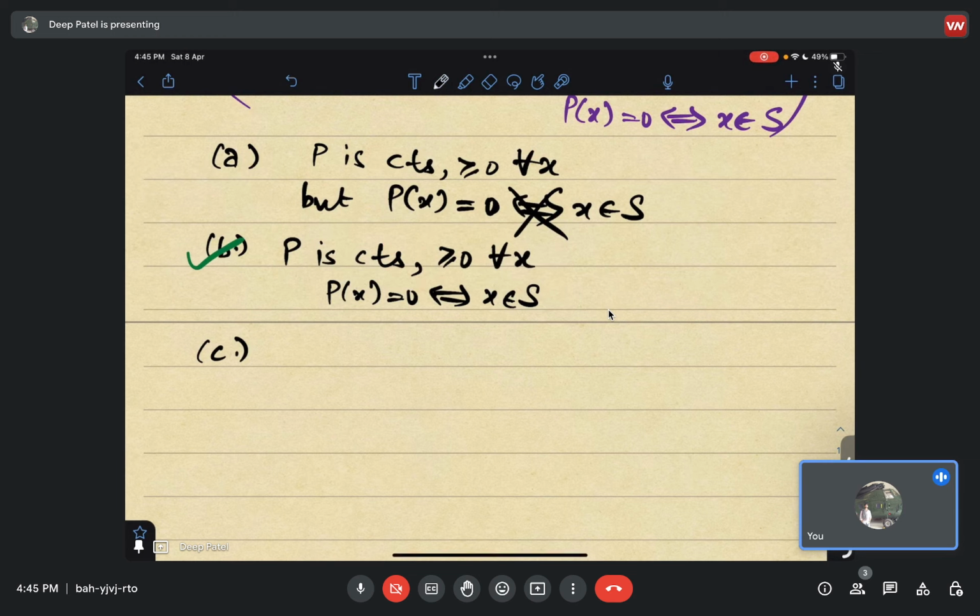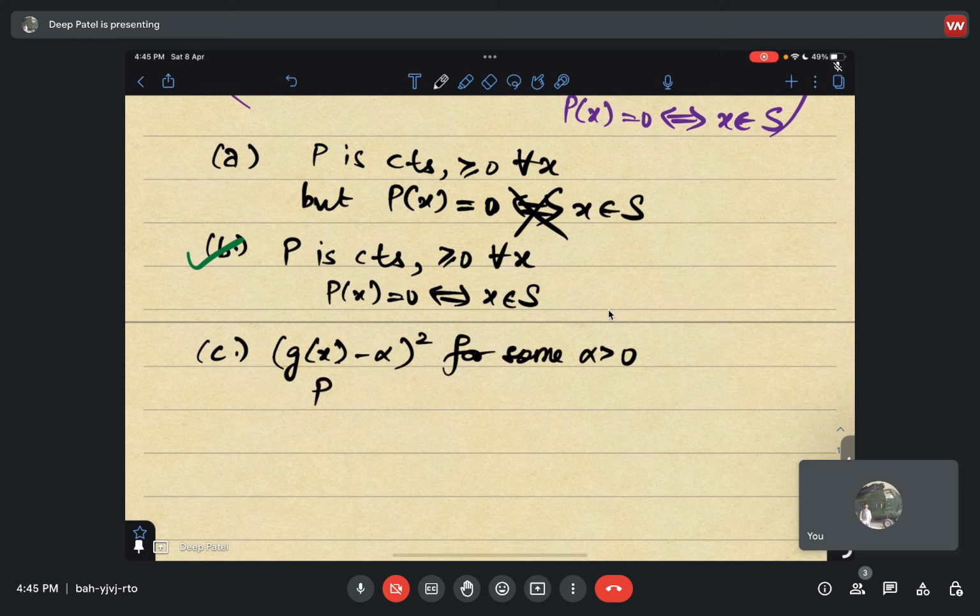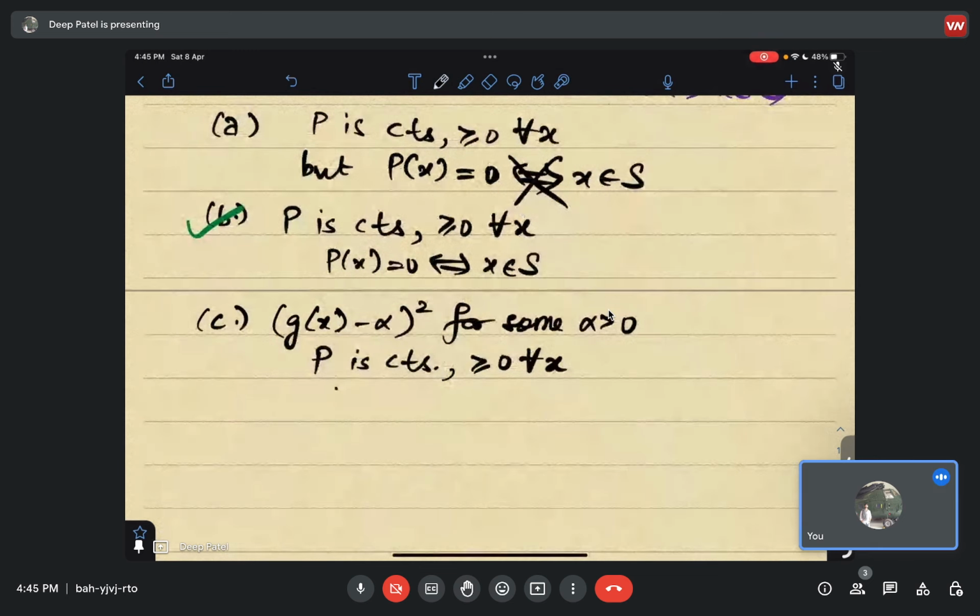Okay, similarly, what about g of x minus alpha squared, for some alpha greater than 0? Is p of x continuous here? It's continuous. It's also greater than or equal to 0 for all x. But what about p of x being 0 if and only if x in S?